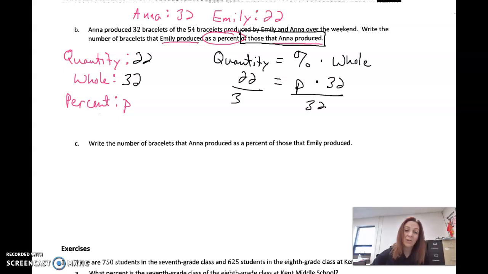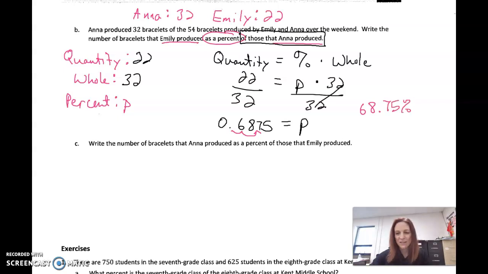Whatever we do to one side, you do to the other. And when you take your calculator and go 22 divided by 32, you get 0.6875. Remember, that's a decimal. Change it into a percent, and you get 68.75% of the bracelets. So Emily produced 68.75% of the bracelets that Anna made that weekend.